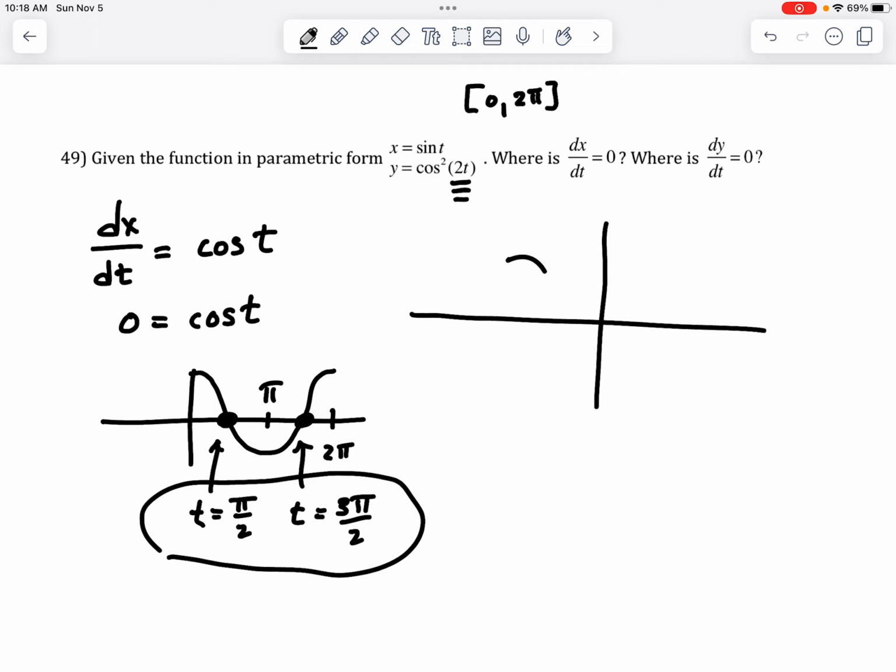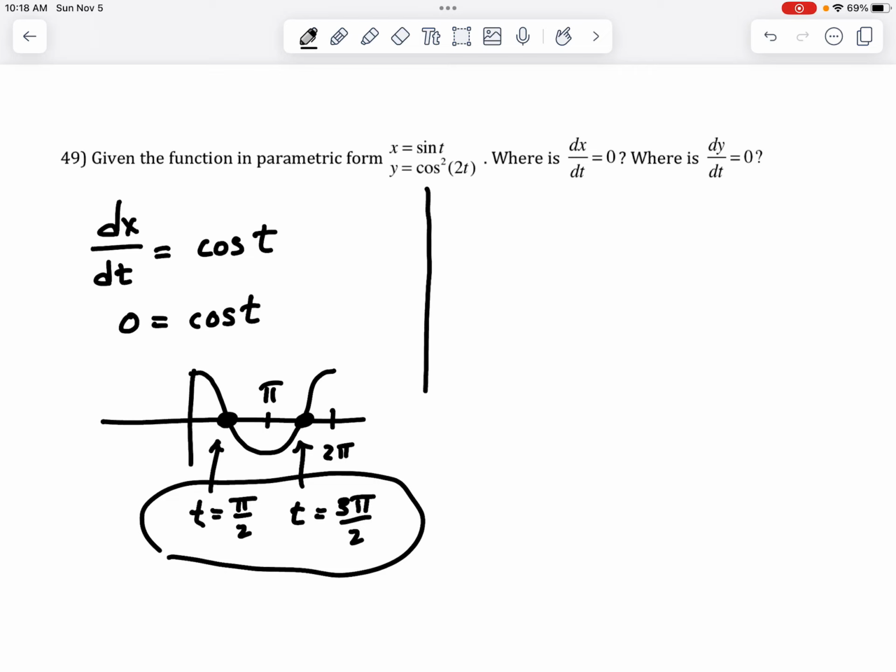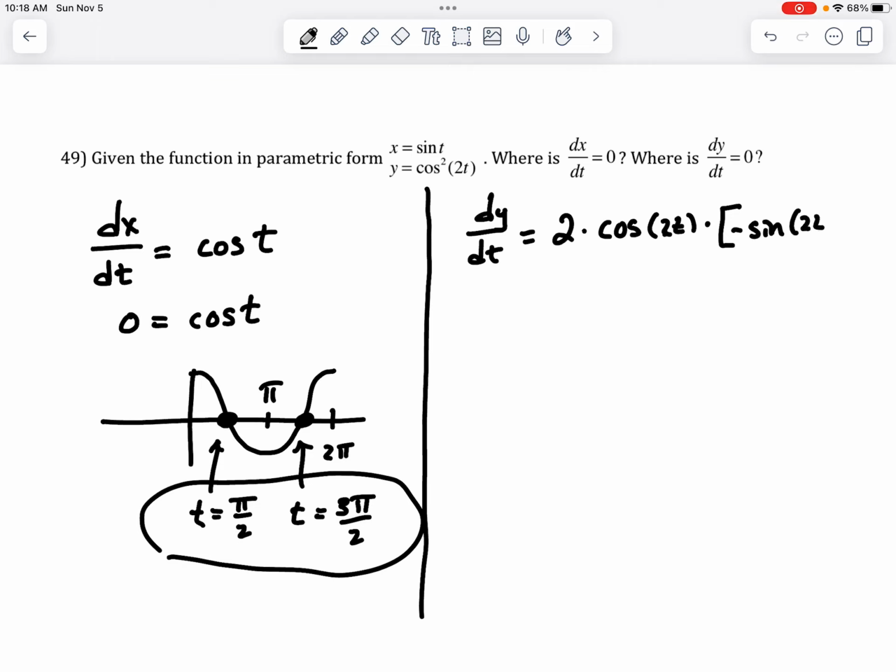Then for the y part, let me just clean this up a little bit. So the derivative of the y function, dy/dt. First of all use the power rule, so bring the 2 down in front and multiply, and then it's going to be cosine of 2t. And then the derivative of cosine is negative sine of 2t.